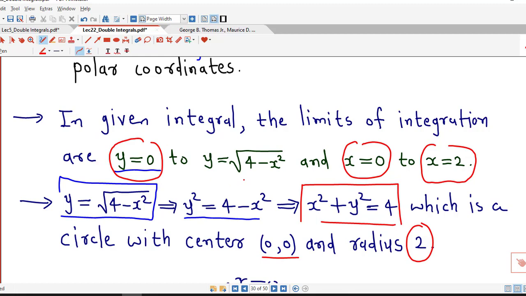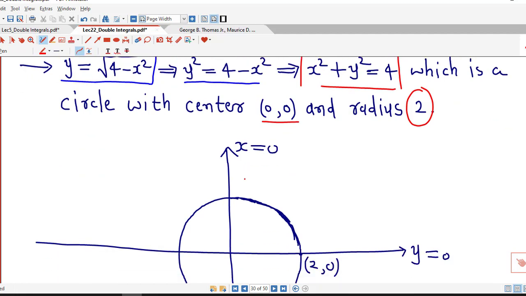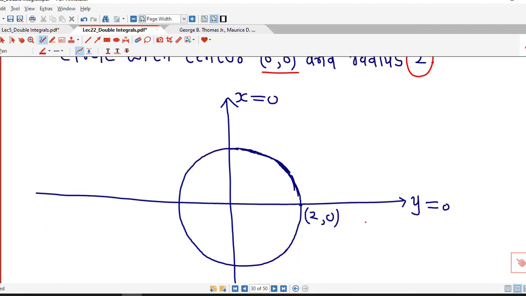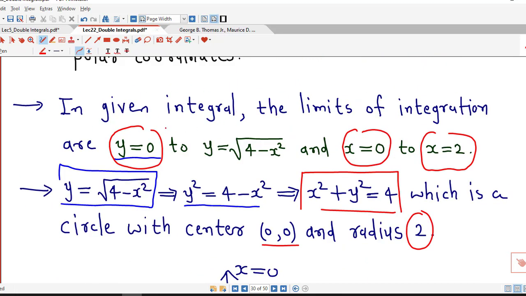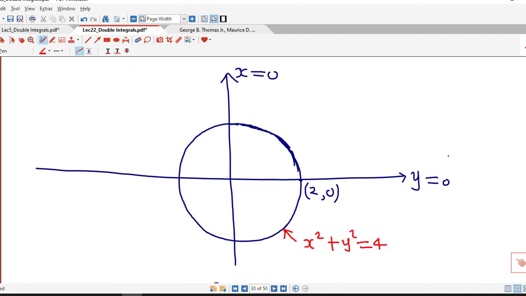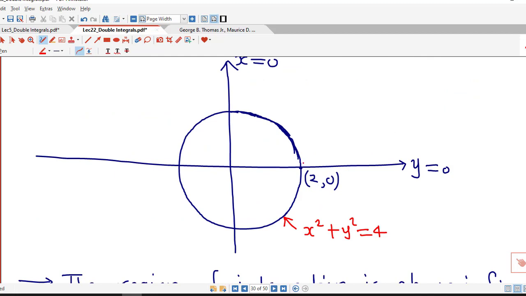First we sketch the region of integration. I have already sketched the circle, x square plus y square equal to 4. The other curves are y equal to 0, that is the x axis, x equal to 0, that is the y axis, and x equal to 2.